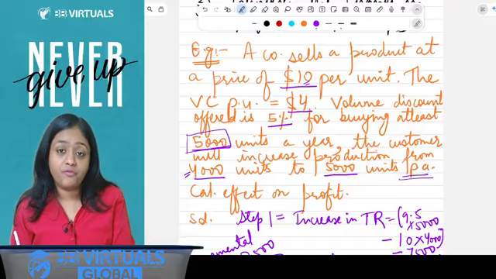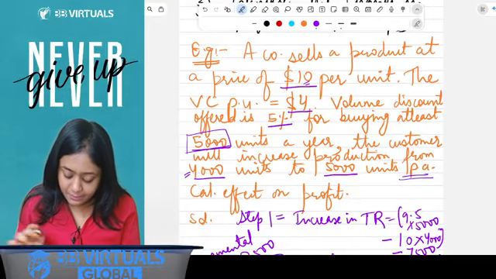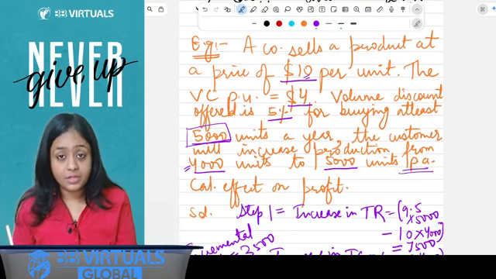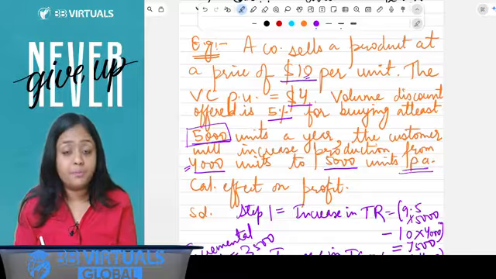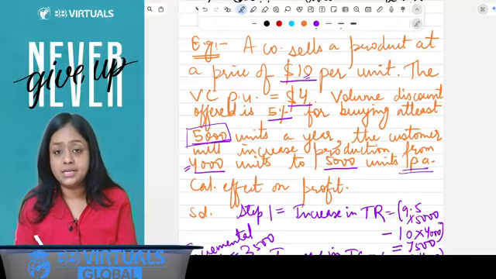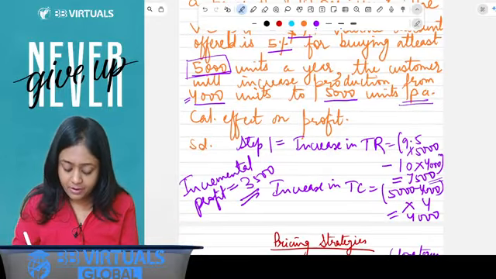What was the revenue before this decision? Revenue was 10 multiplied by 4,000 units. But now the price has reduced to 9.5, a 5% discount on 10, and the quantity has increased to 5,000. So incremental revenue is 7,500.